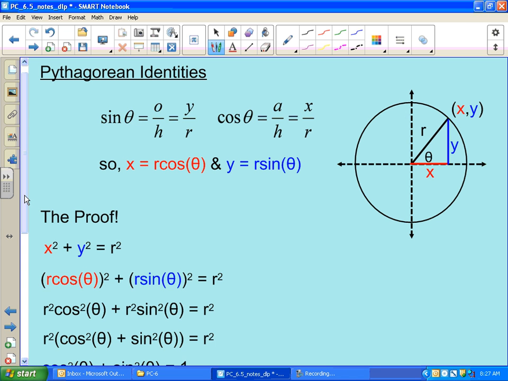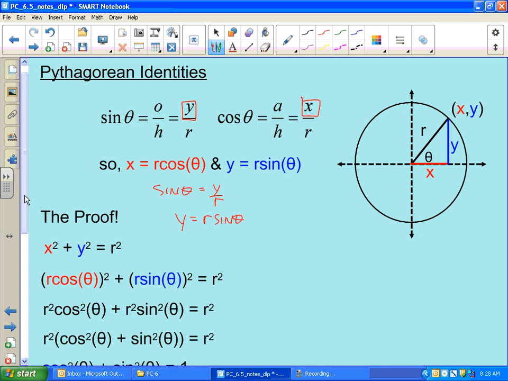Well, what if we wanted to solve each of these trig values for their respective variables? If I took sine of theta equaling y over r and solved it for y, I just have to multiply r to the sine. And the same thing's happening with the cosine.